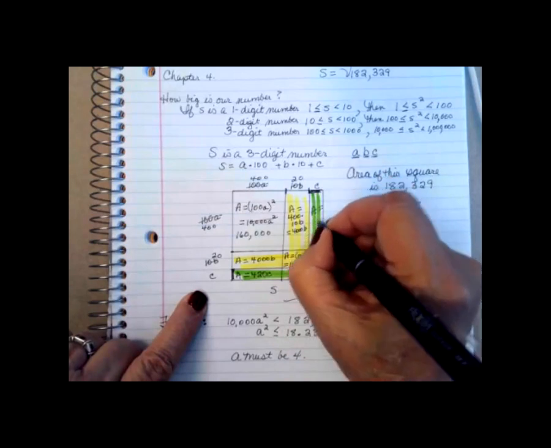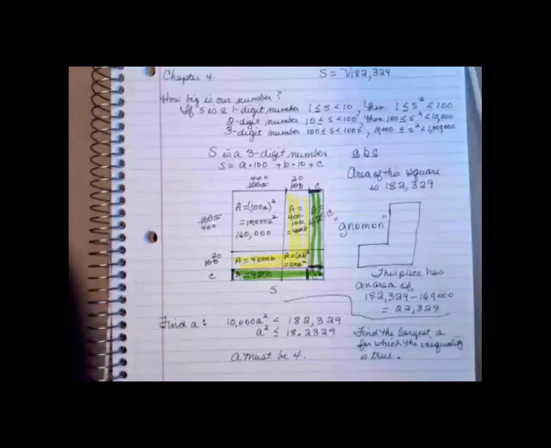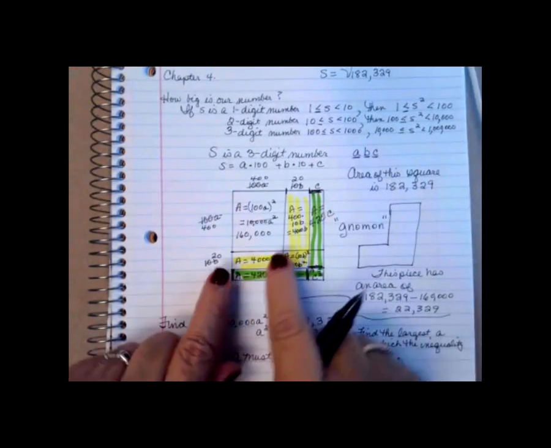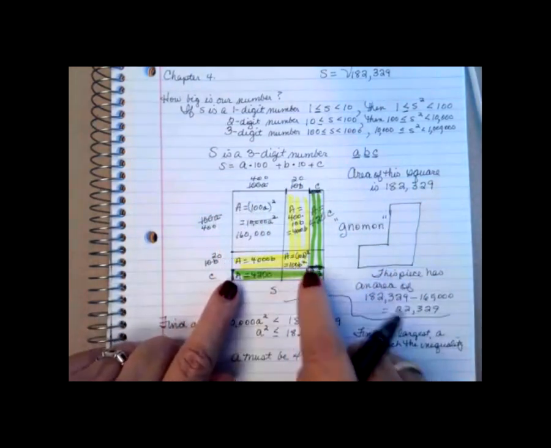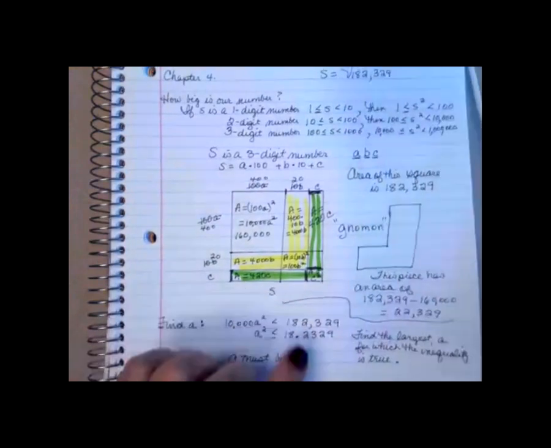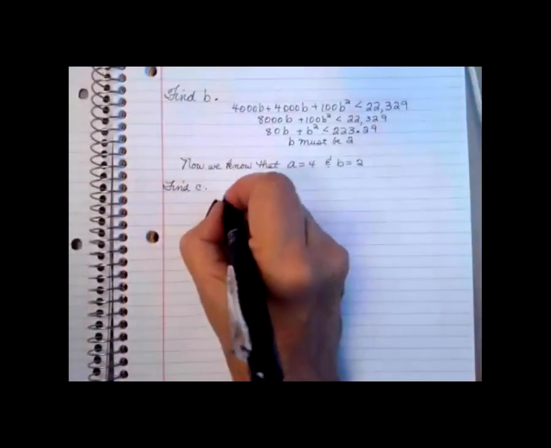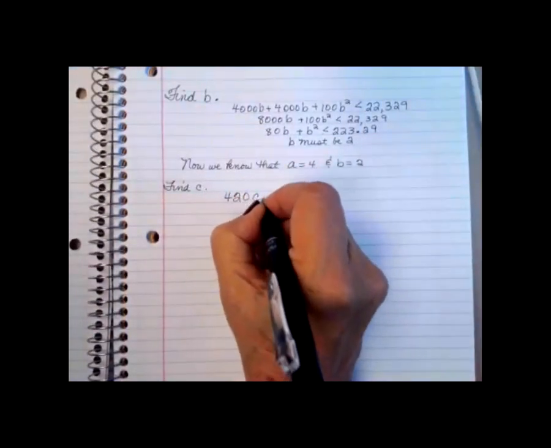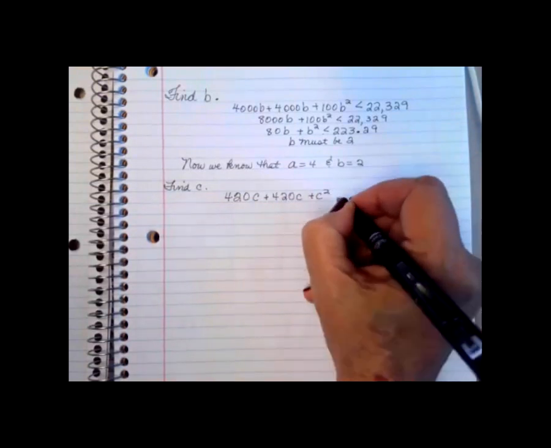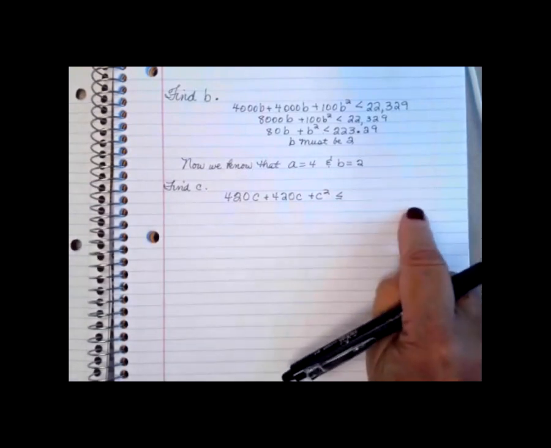This area is 420C. Oh, well, wait a minute. I need to do one more thing, because what's the area? I'm not quite ready to write my inequality yet. Well, I can start though. The area of this piece is 420C plus 420C plus C squared is less than or equal to what? Okay, that's what I need to figure out.